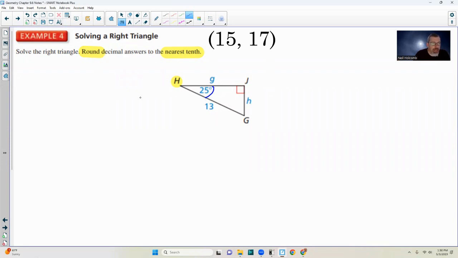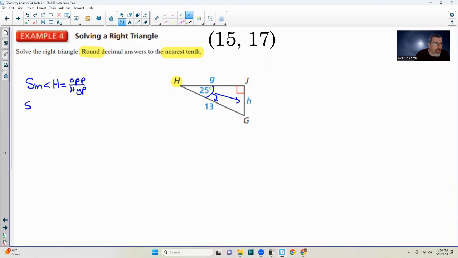So with respect to angle H, I know the hypotenuse, so I'm not going to use tangent here. Opposite over hypotenuse is sine. So the sine of angle H equals, I'll just write it this time, opposite over hypotenuse.